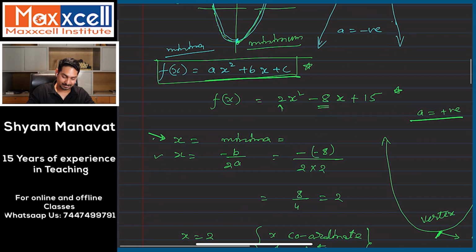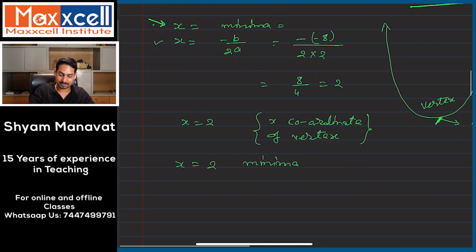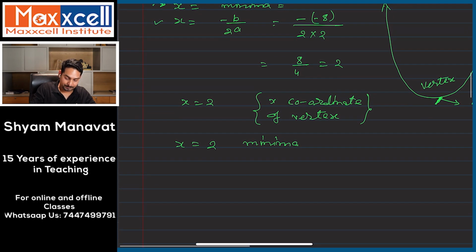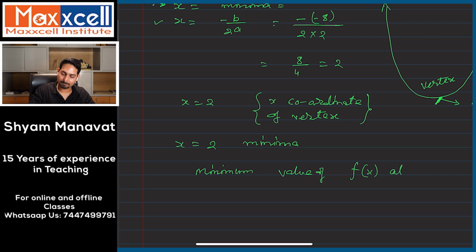तो पहली बात समझ में आई, मैक्सिमा मिनिमा. So here we got x equal to 2, which is minimum. Now, if I want to find out minimum, so what is minimum? Minimum is value of f of x at minima, right?